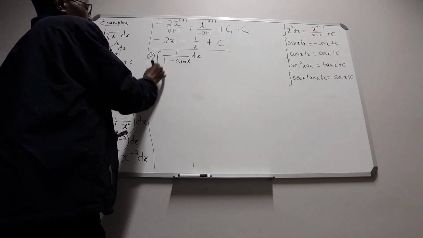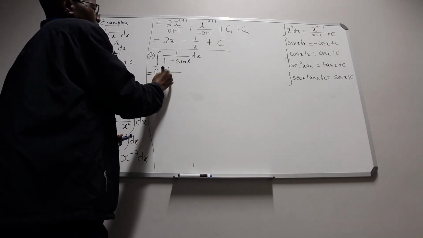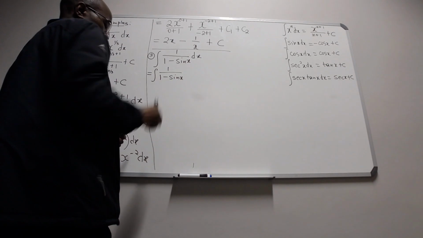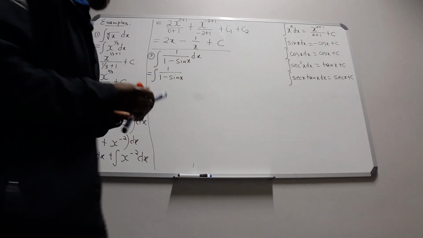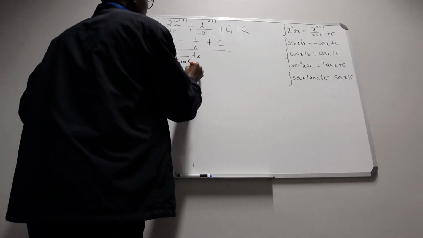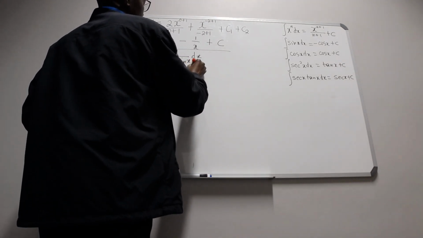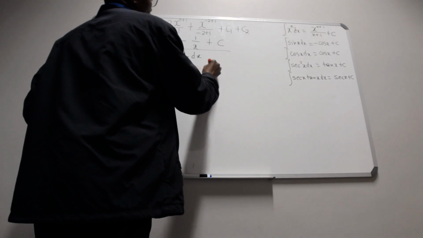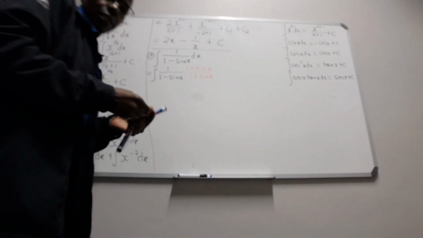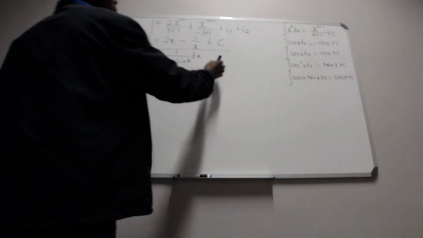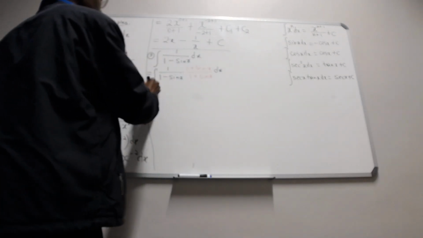So we have the integral of 1 over 1 minus sin x. Then let us multiply by 1. Multiply by 1 plus sin x over 1 plus sin x dx, like that.